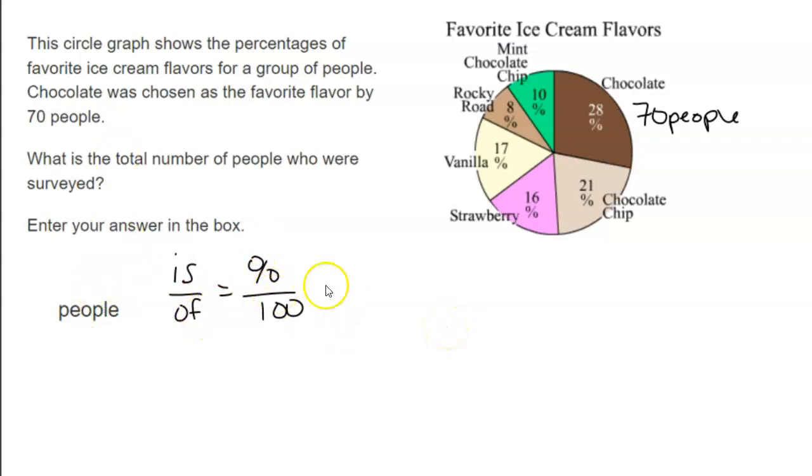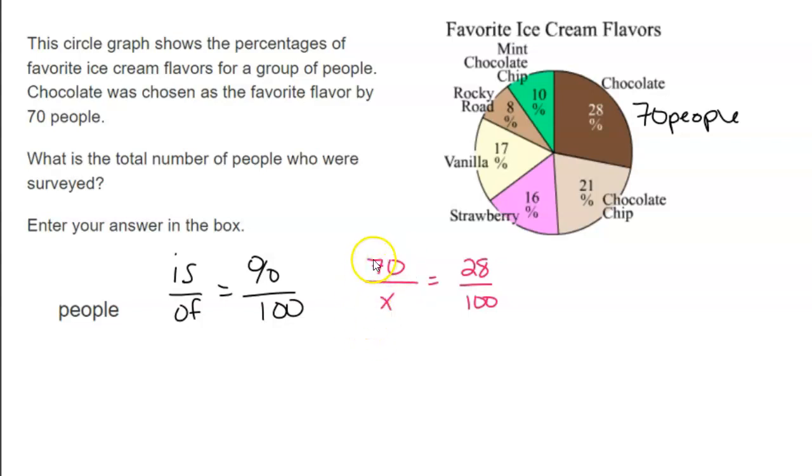That's our formula to figure this out. So what is the total number? That's the whole, that's my of. I'm going to write it where I have more room. So 70 is 28% of what? This is what I don't know. I don't know what the total amount of people is.